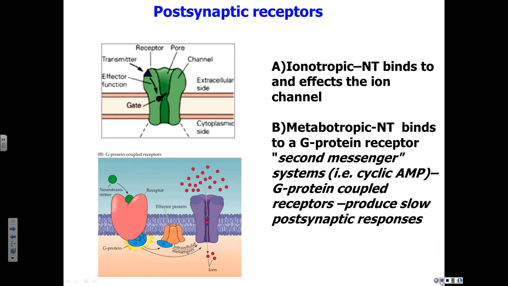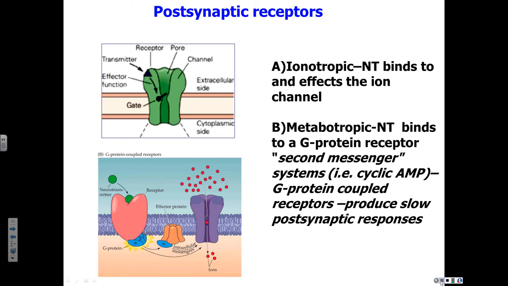The receptor is a channel. That's when Dr. Egan said ligand-gated channel. Remember, every ion channel has a gate. The voltage-gated ones, the gate is regulated by voltage. This one is regulated by a neurotransmitter.